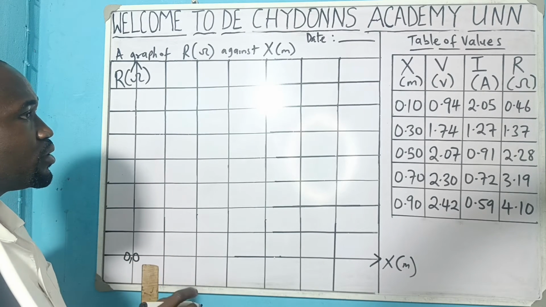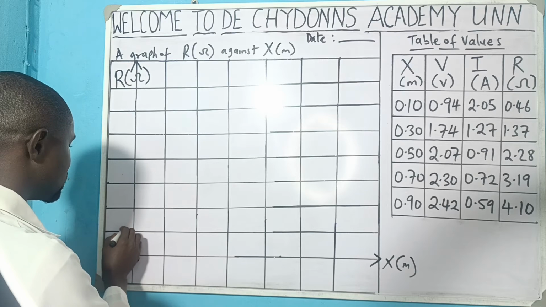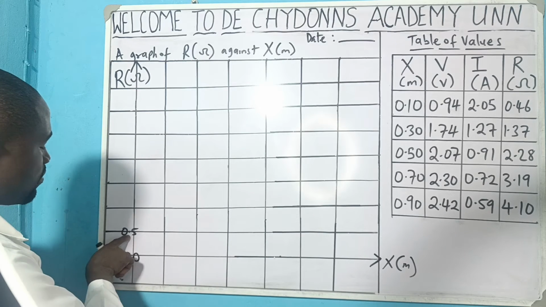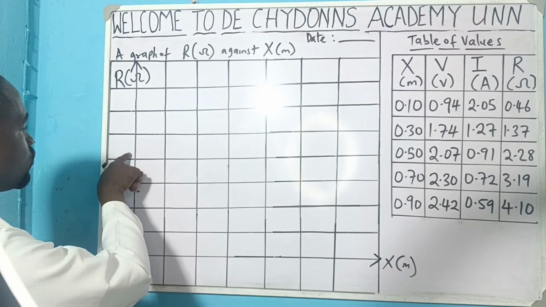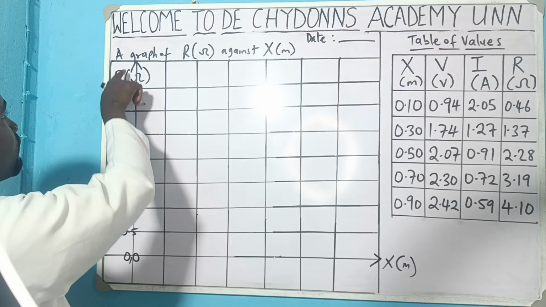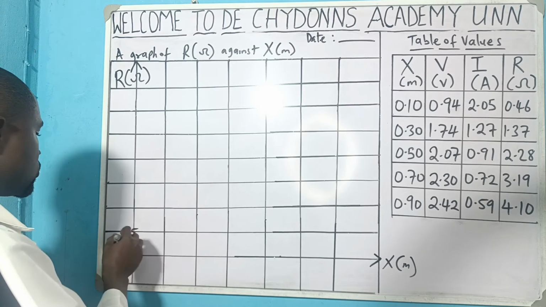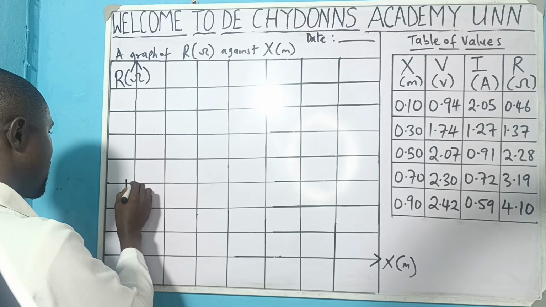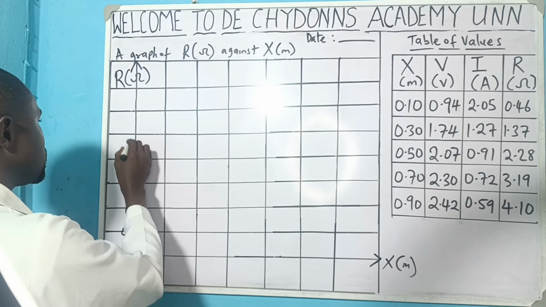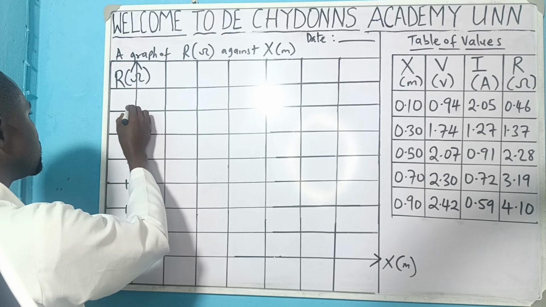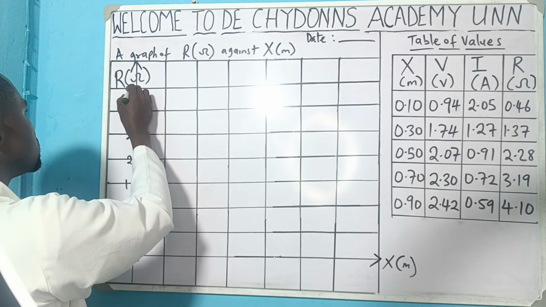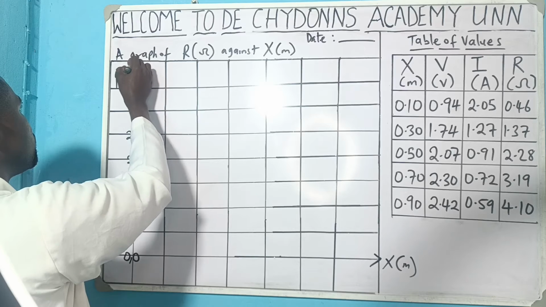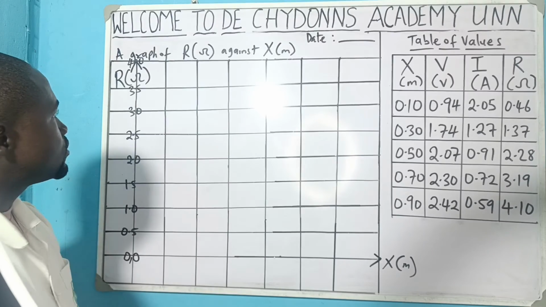For R, I decide to go by 0.5: 0.5, 1.0, 1.5, 2.0, 2.5, 3.0, 3.5, 4.0.